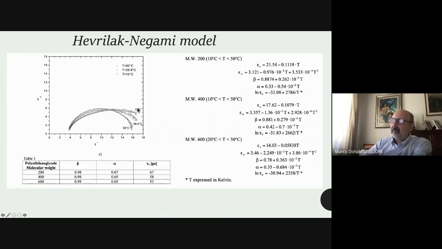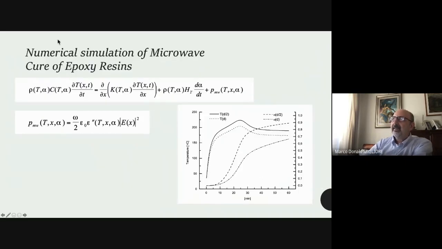These permittivity measurements are particularly useful for, of course, numerical simulations. For example, we analyze the cure of epoxy resins, and this requires the knowledge of the permittivity as a function of the temperature and a function of the cure state, that is alpha in this case.